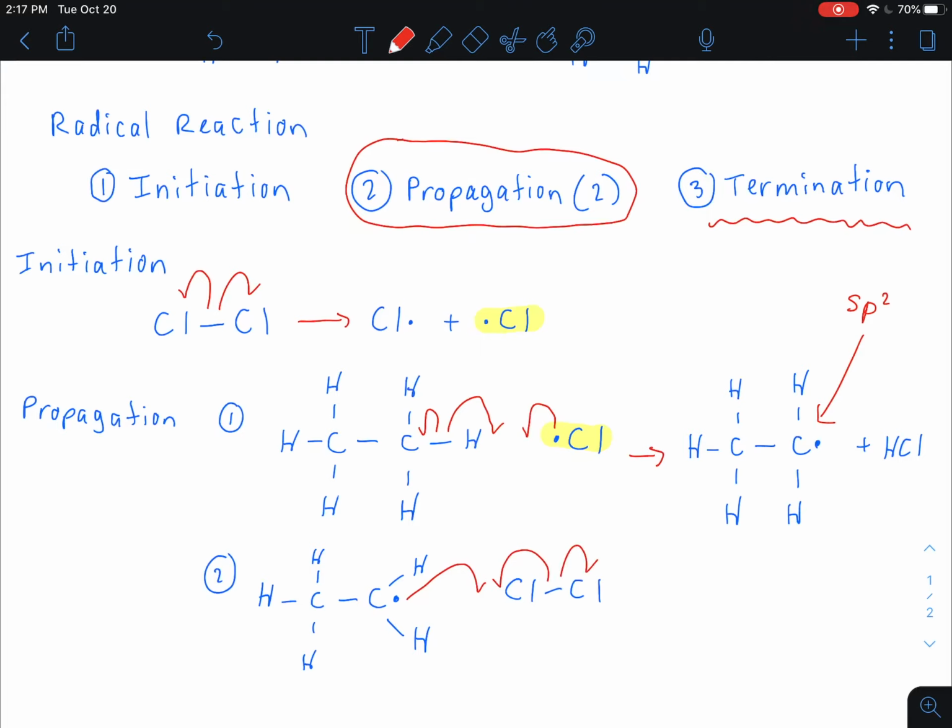And again, fishhook arrows, now 3 of them. And this is going to form our product, and form more chlorine radical.